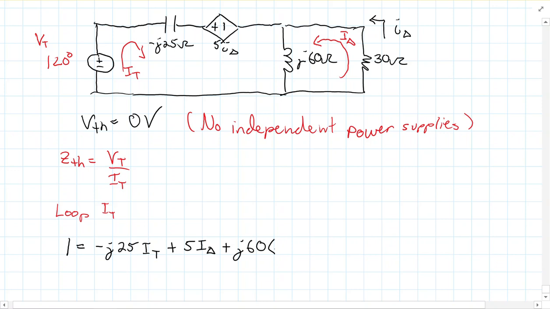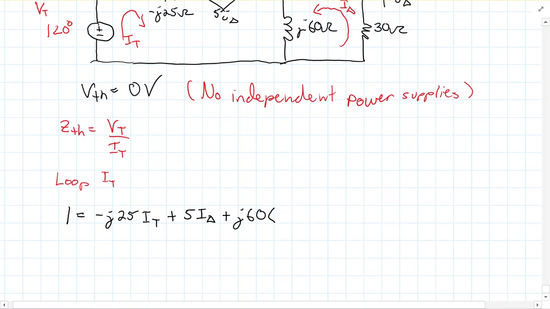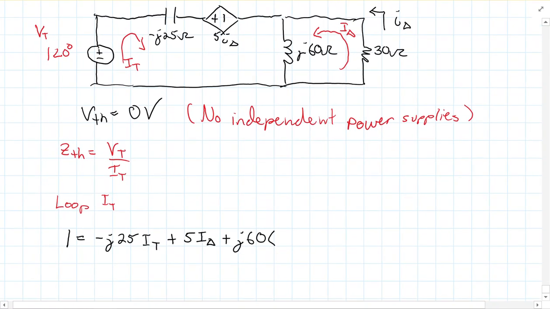And then, well, I test and I delta are going in the same direction, so this would be I test plus I delta. So let's simplify this out, being a little bit careful. I'm going to do it in 2 steps just so I don't make a silly mistake myself.